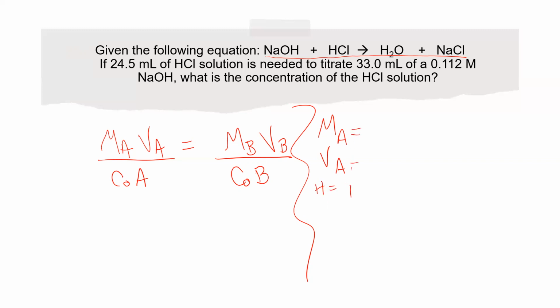So plugging in our information, we have molarity of our acid, we do not know. The volume of our acid being 24.5, the molarity of the base being 0.112, volume of our base 33, and hydroxides are 1.